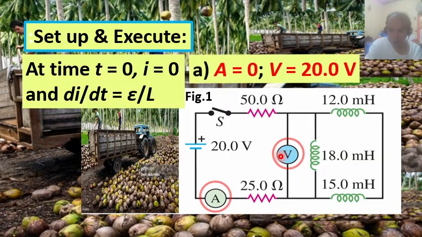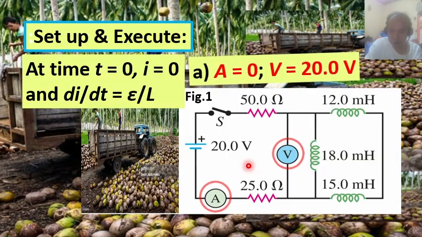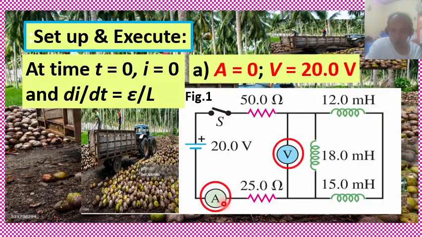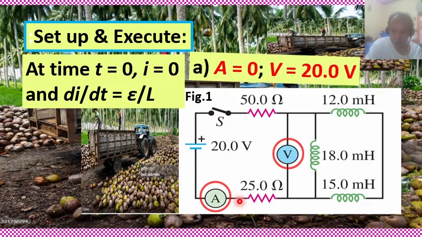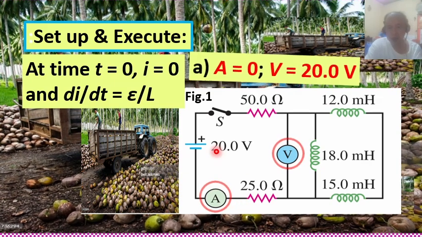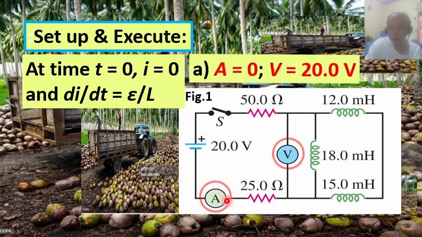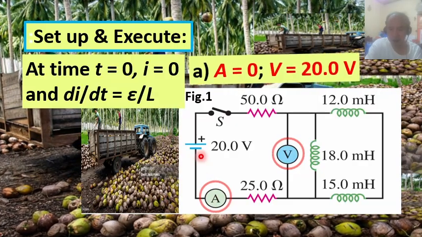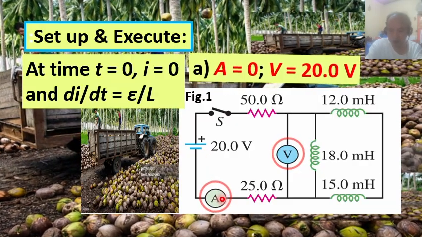Why? You'll notice that in our diagram, the ammeter connected in series with the battery measures the actual current generated by the battery, of course.